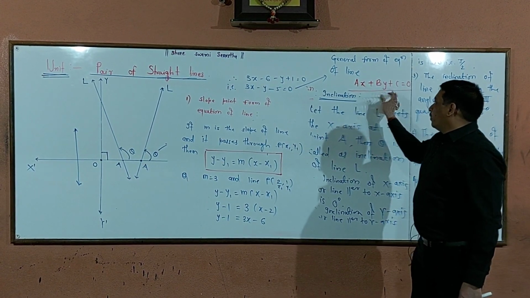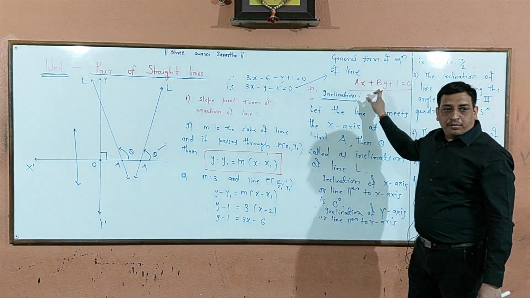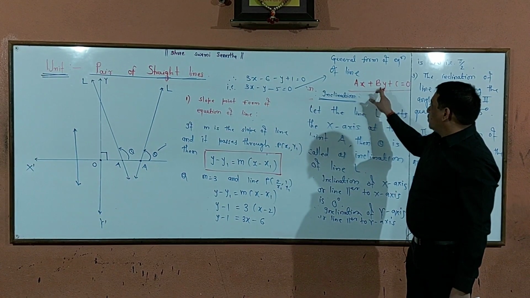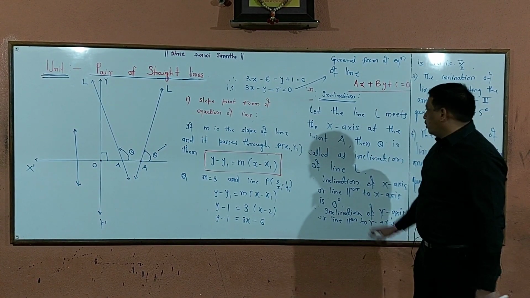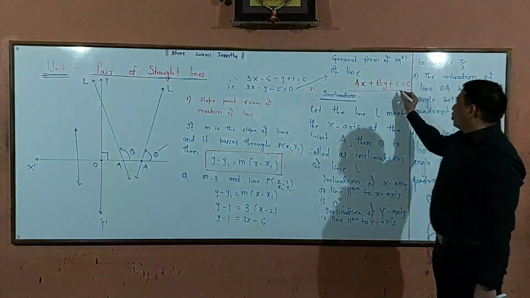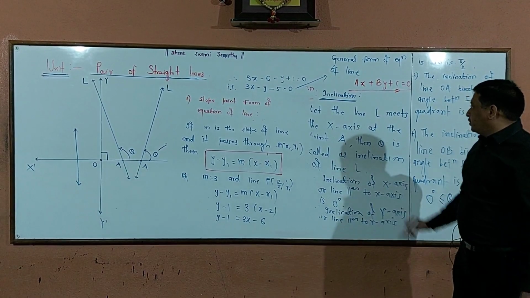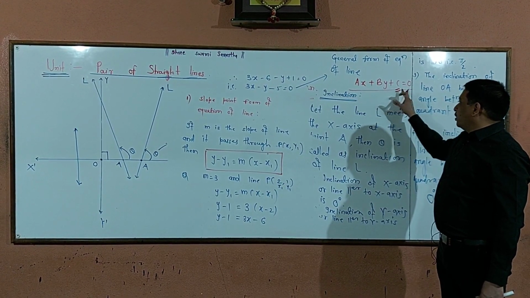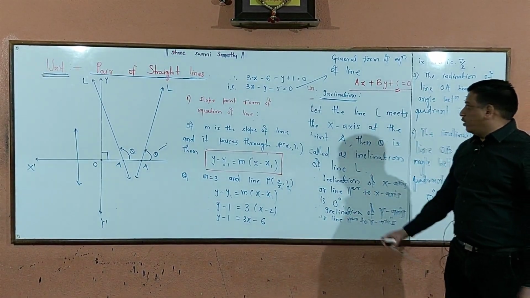If the line passes through the origin, then the constant term c is absent.